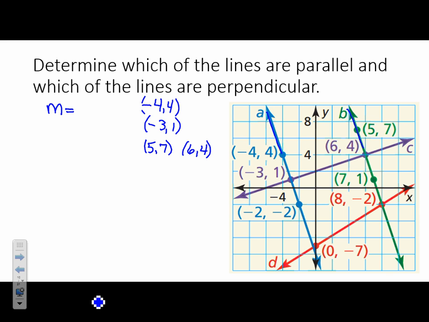Okay, we can plug this into the slope formula. What's the slope formula? How do we find it? Y equals mx plus b is the slope-intercept form of a line.